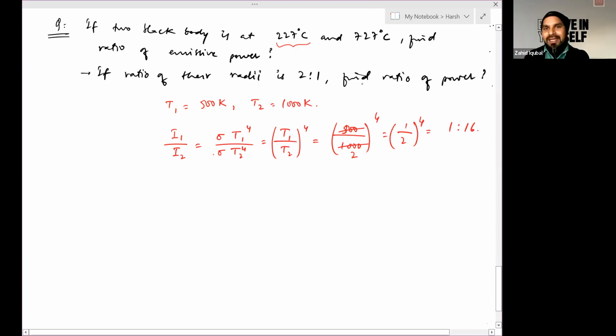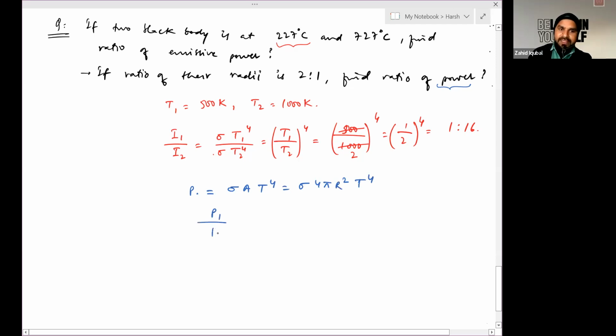Okay, no problem. In second part, we have to calculate power. According to the formula, power is equal to sigma times area times T to the power 4. We may convert this area as area of that black body, pi r squared, temperature to the power 4.